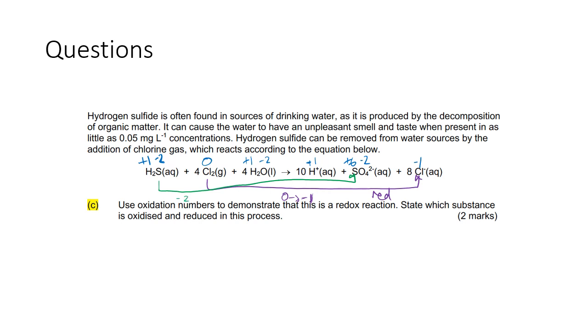So -2 to +6, that must be oxidation. Okay, so the S has oxidized, or the H2S has oxidized, and the Cl2 has reduced. Okay, all right. And you'd have to show their oxidation numbers and the changes. And if you wrote that on the thing, that'd be fine.